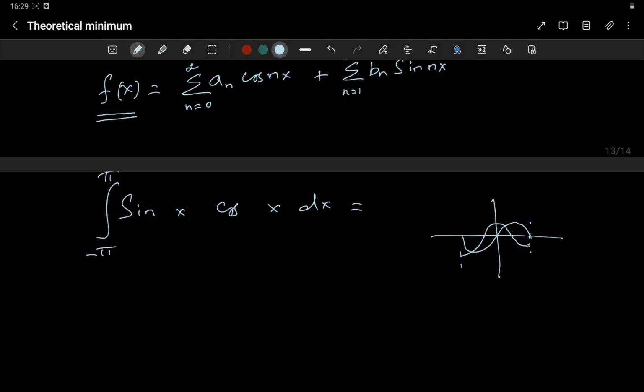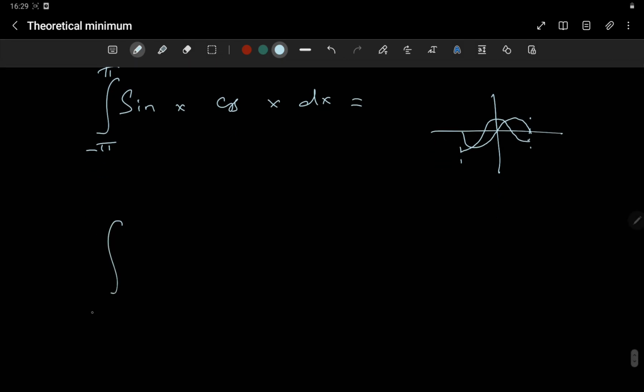Now we can see that it is orthogonal, but are they orthonormal? What is orthonormal? The magnitude has to be 1. So the integral from minus pi to pi of sin x into sin x itself dx is what?